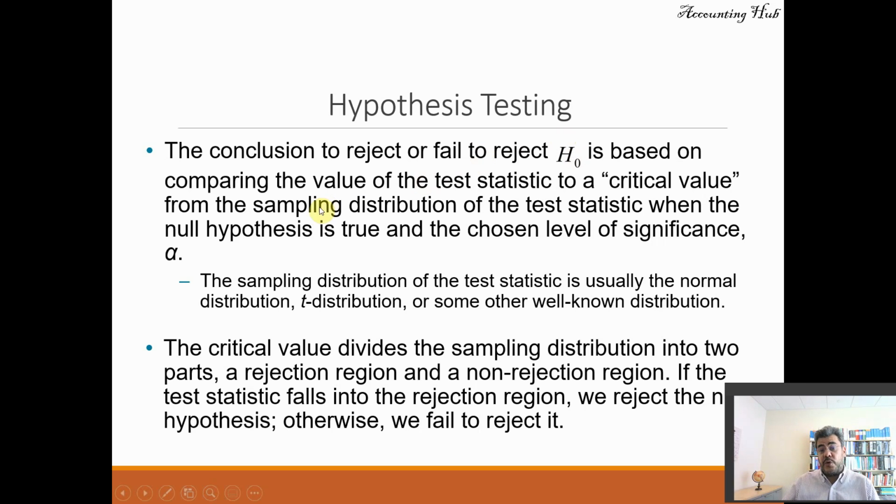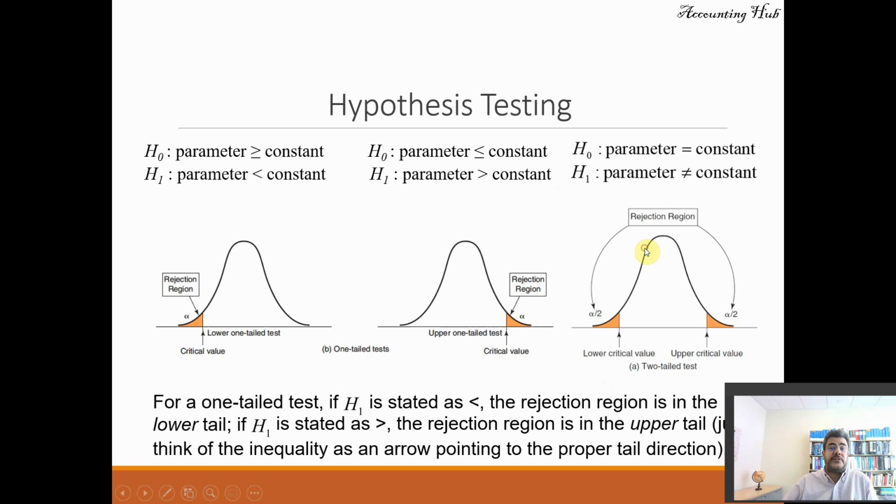T distribution is the one that we are working with. And the critical value divides the sampling distribution into two parts, a rejection region and a non-rejection region. If the test statistic falls into the rejection region, we reject the null hypothesis, otherwise we fail to reject it.